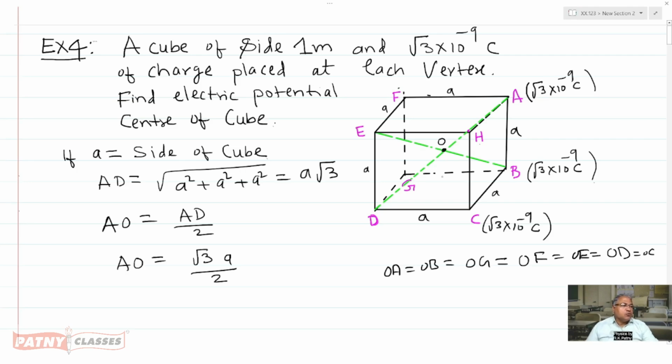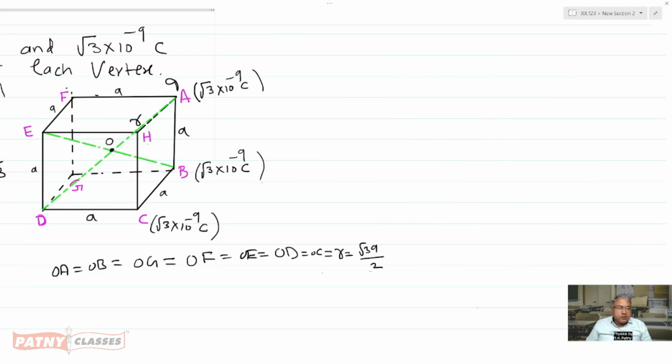So we need to find the electric potential at the point O. Since all vertices are at equal distance from the center of the cube, this distance is R equals root 3 A upon 2.